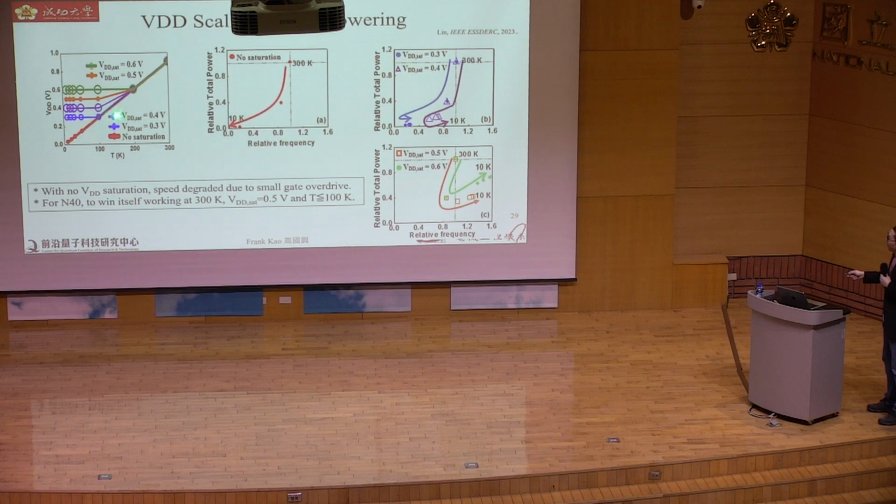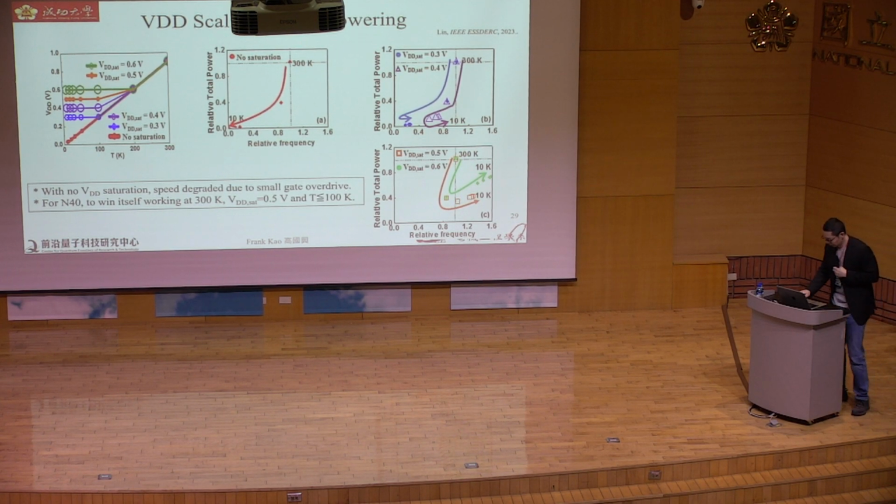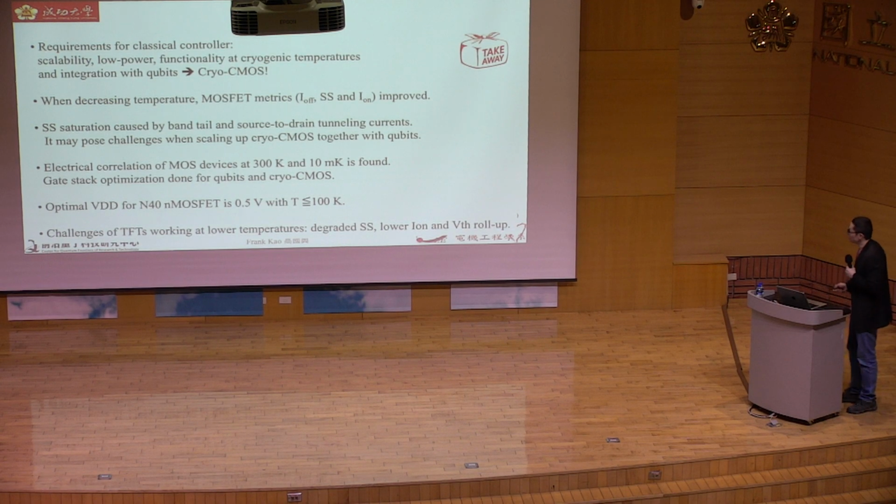So if you saturate your minimum VDD, eventually you can have saved power but higher performance compared to that at 300K. Okay, this is my summary.